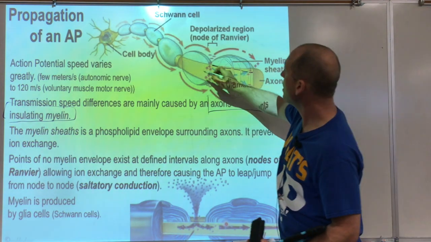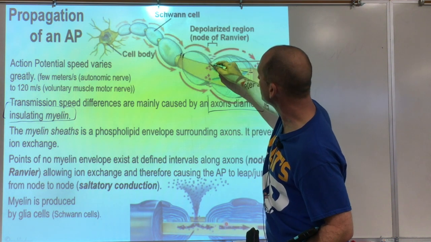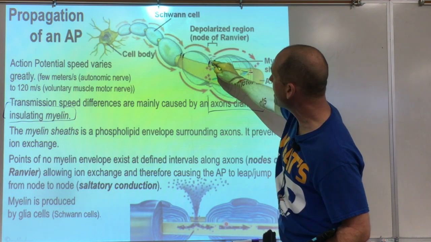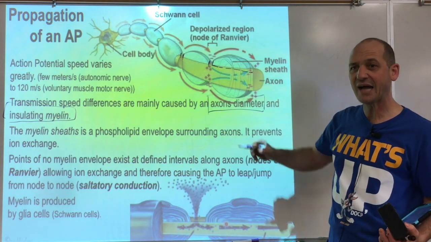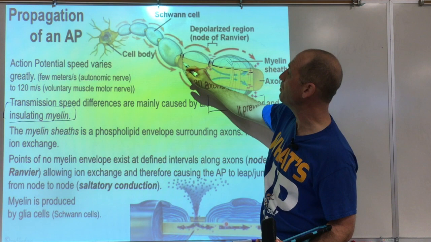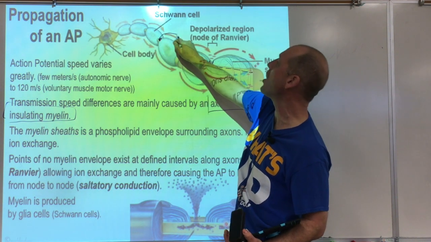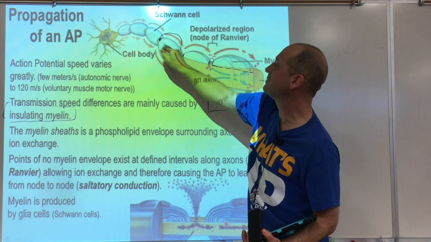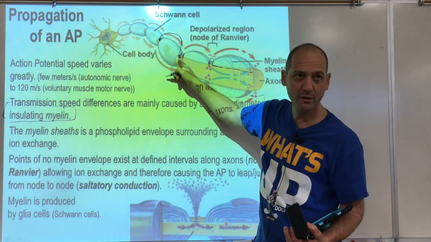But what you do, you have areas in between these wrappings that are left blank, and in those places the ions can exchange. And so now the action potential has to like chomp, because the ions exchange here, so voltage changes here, and then it has to go all the way up to here, where those channels have to pick up the change from over here and open.